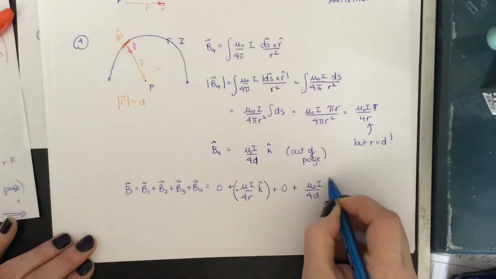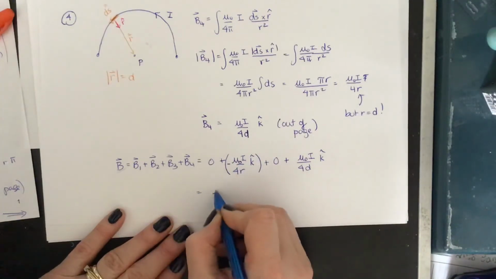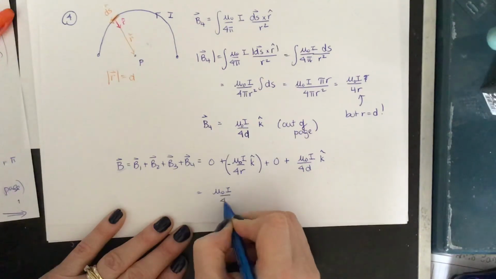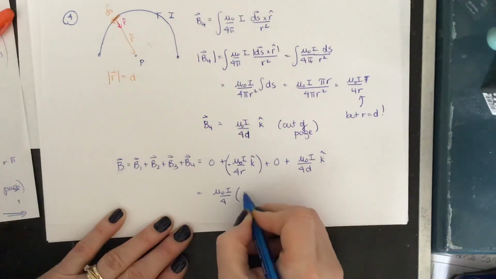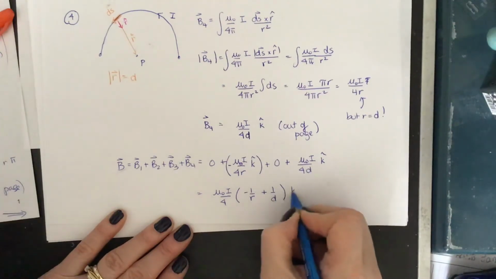We can make that look a little bit nicer. We get mu naught I over 4 times minus 1 over r plus 1 over d times k hat. Okay, so there's our expression.